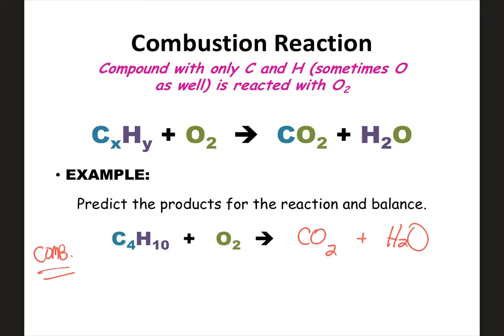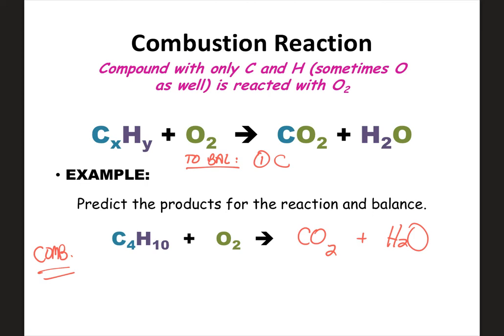There's a trick to do combustions. In order to balance combustions, here's the trick. You always do the carbons first. Once you know it's combustion and you predict the products of CO2 and H2O, balance the carbons first.